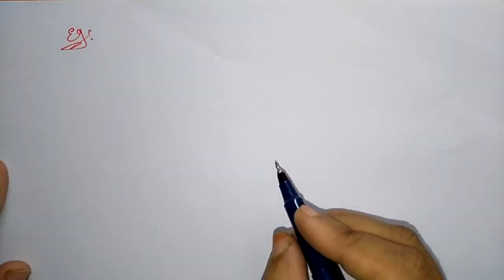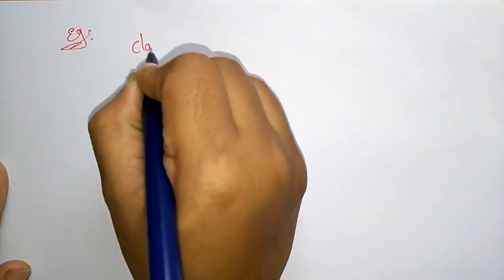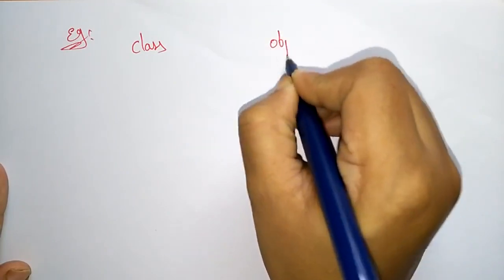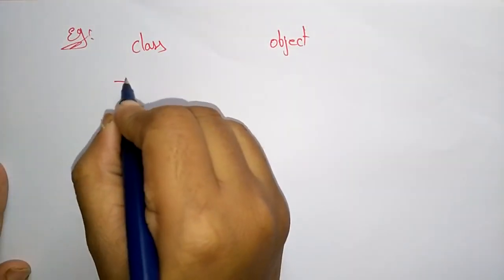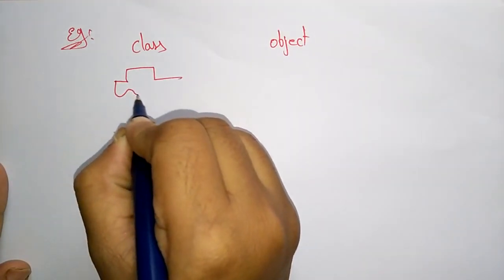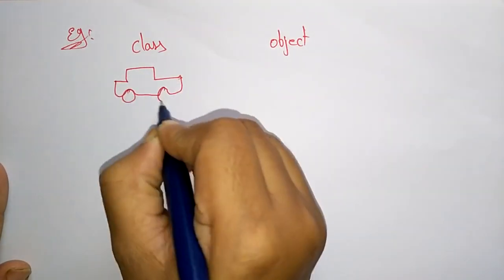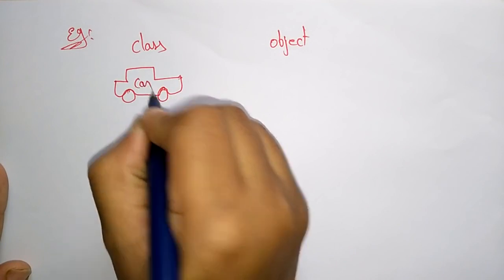Let us take one real-time example. Suppose a class and object. Suppose a car is there. This is a car.